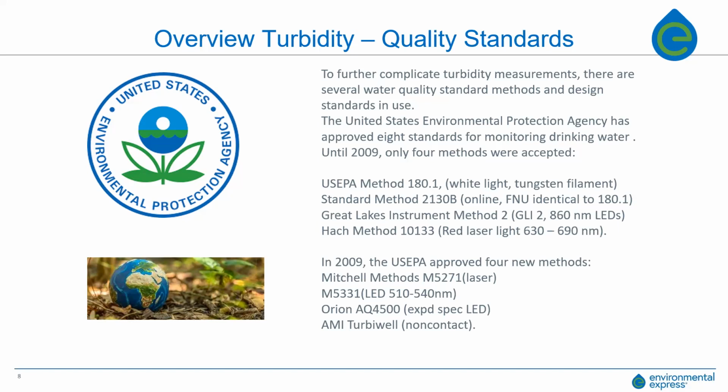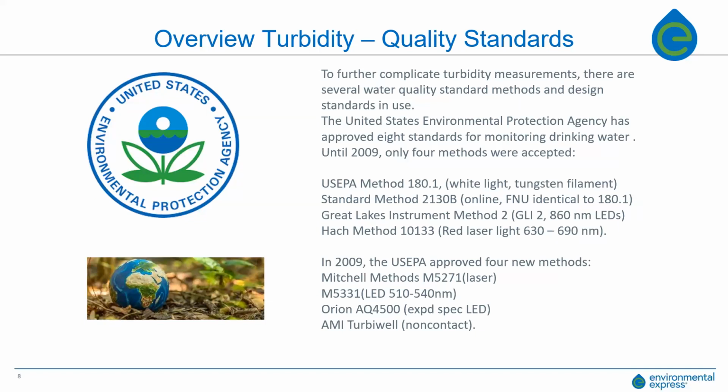The second is standard method 2130B. This is nearly identical to method 180.1, but it uses the FNU units versus the NTU units used in the method 180.1. Third method is the GLI2.